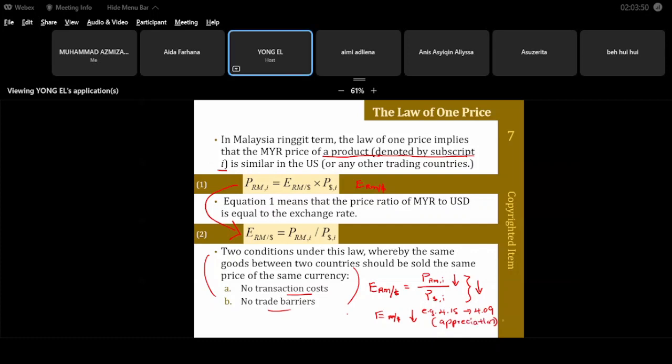Yep, this is appreciation. Now you should understand how inflation or deflation in a country can cause the exchange rate to change. I believe you can now partly answer how inflation in Malaysia in the past couple of years is associated with currency depreciation with the United States.